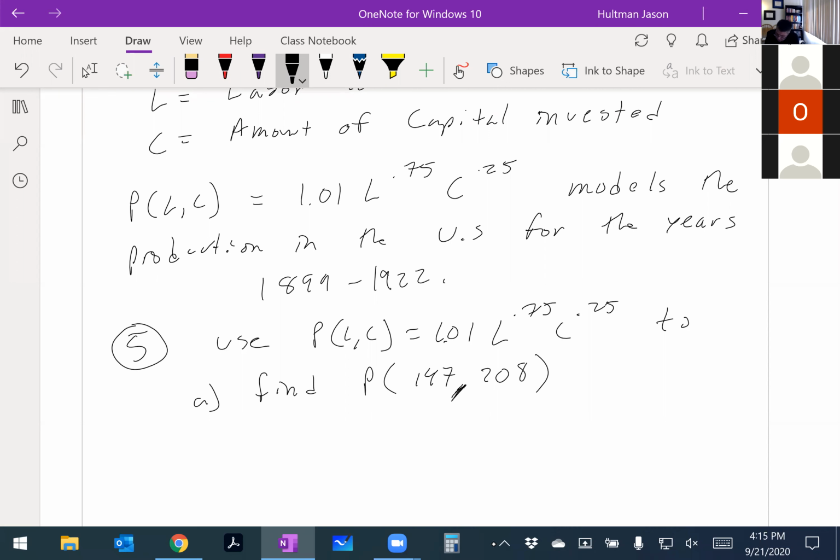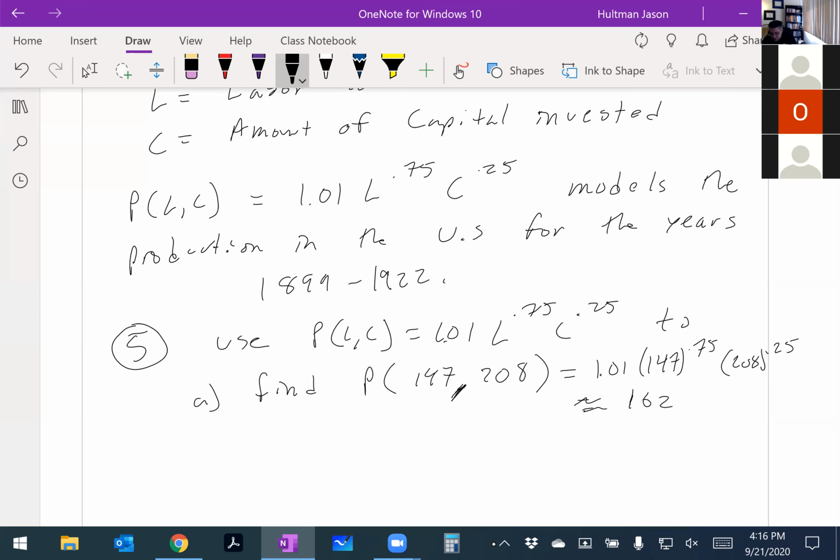Well, we just plug it in. This is 1.01 times 147 to the 0.75 times 208 to the 0.25, which comes out to approximately 162 million production units.